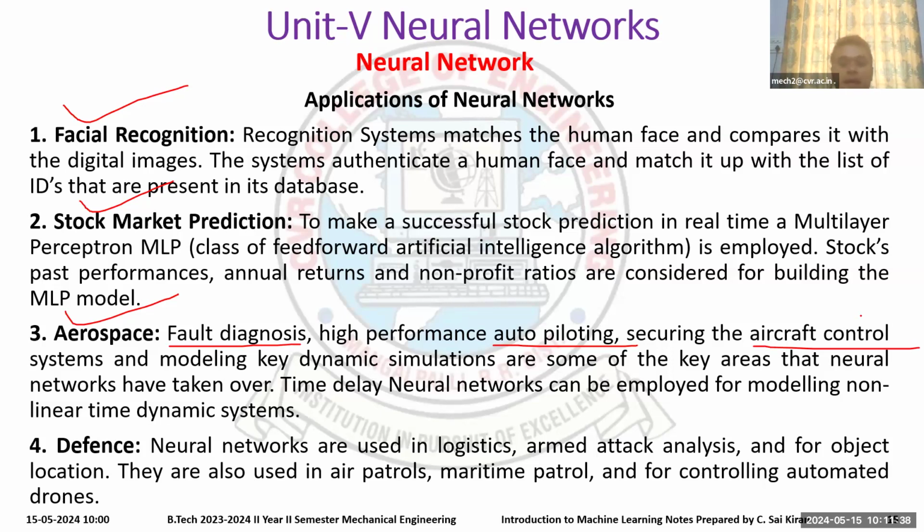So they have to check the air control, whether any aeroplane is landing or not landing. The aircraft control system is done by neural network. So we just give the number of airplanes we have and what the timings are. So even if any airplane is delayed or anything else, it will check the aircraft control system automatically.